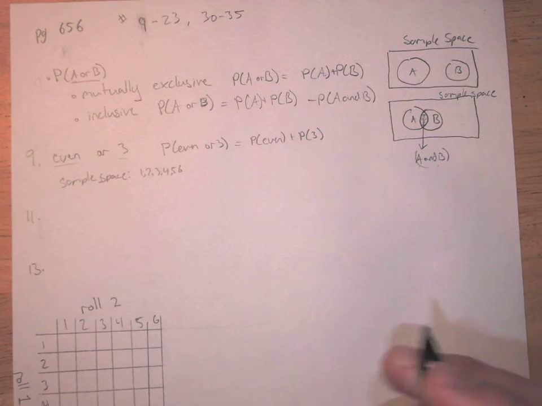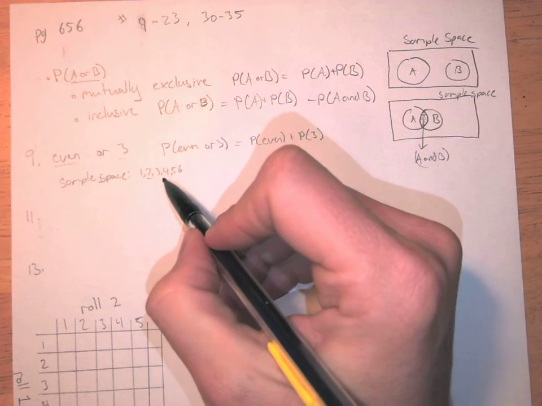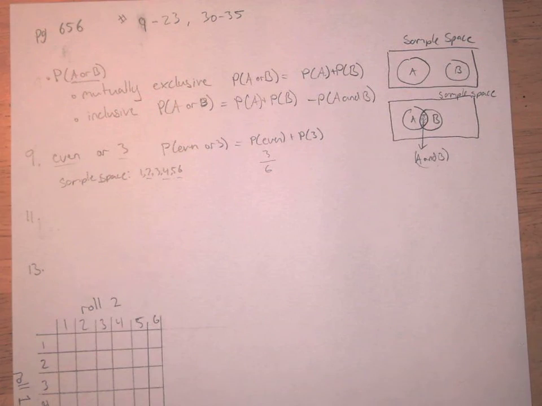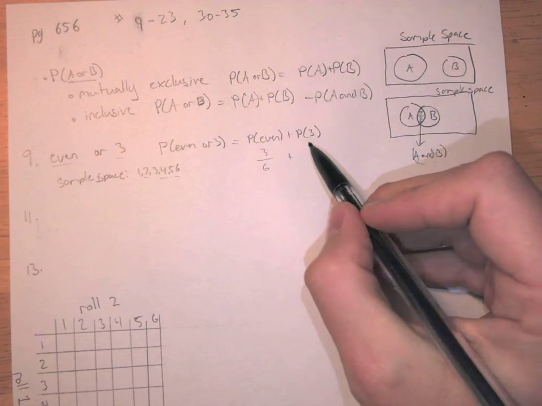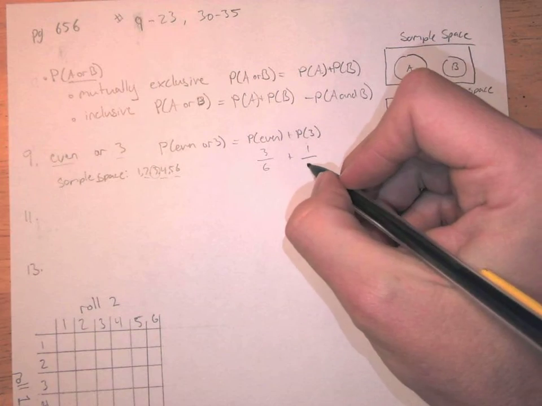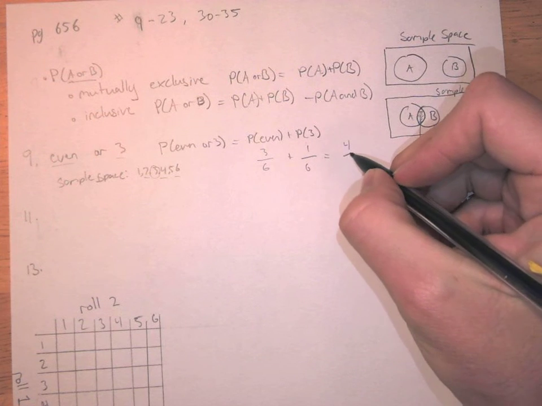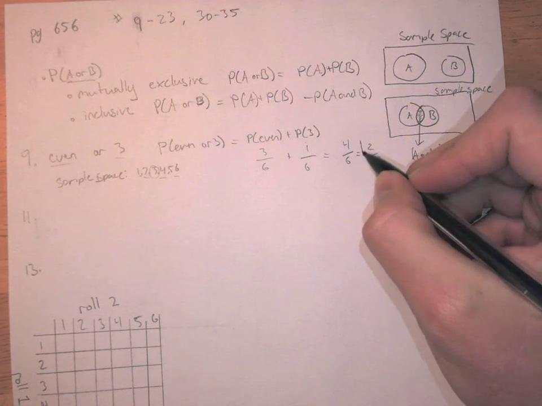So there are 6 things in the sample space. The probability of even is 3 even numbers over 6 outcomes. Then how many ways are there to get a 3? There's only one way to get a 3 from the sample space. So you add those together and you get 4 out of 6, which reduces to 2 over 3.